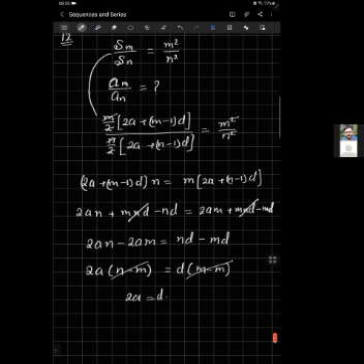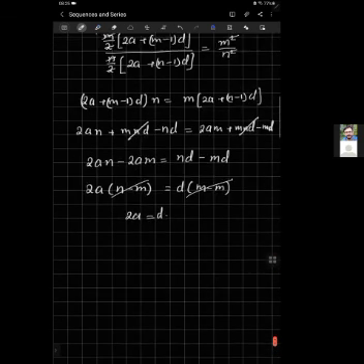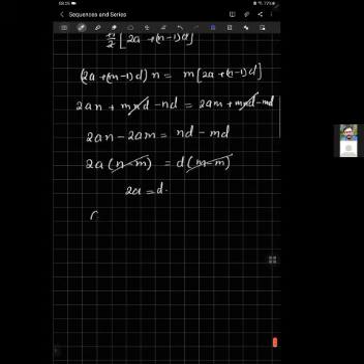Now this is a very great thing we have got, that 2a is equals to d. Now our task is to find am upon an. So let us write this: am upon an is question mark.